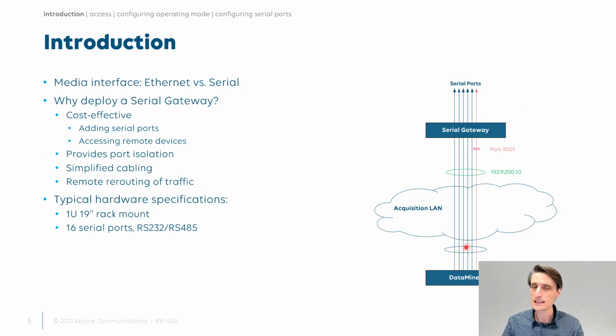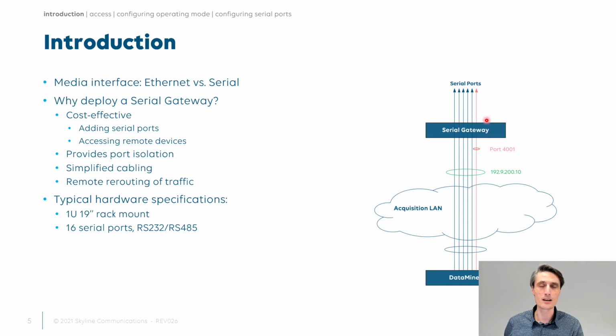Now if we take a look at the serial gateway, as I mentioned, DataMiner goes over the TCP/IP network towards the IP address of the serial gateway. And we will typically identify a specific TCP/IP port to be able to connect to one of the many serial ports that are available on the serial gateway.